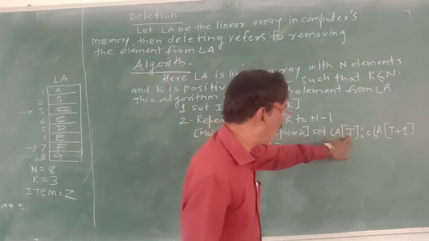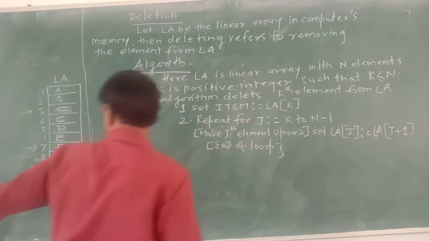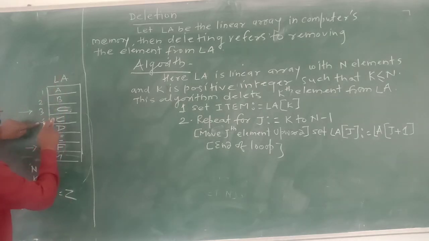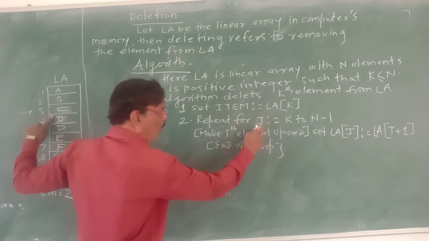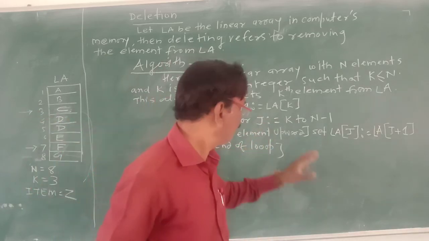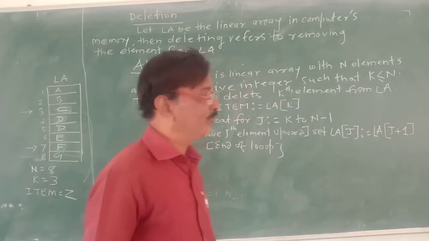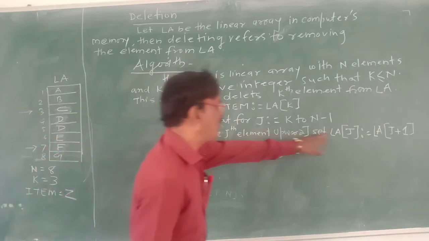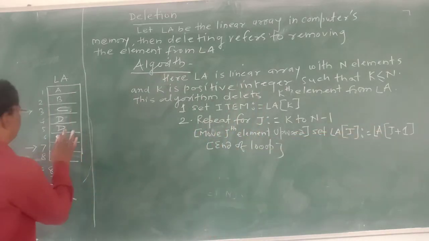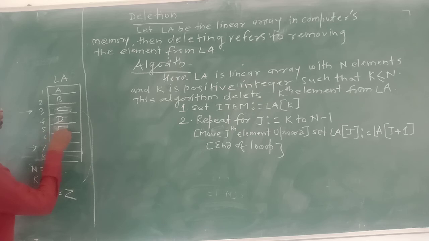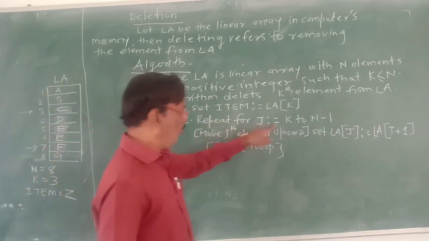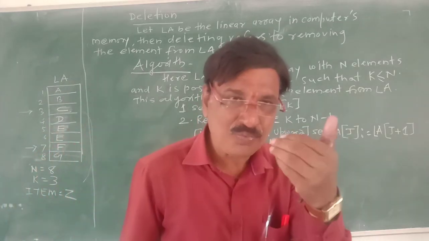So LA 4 is equal to LA 5, so B will be here. Now j will become 5. So LA 5 will be LA 6. Now j will become 6.